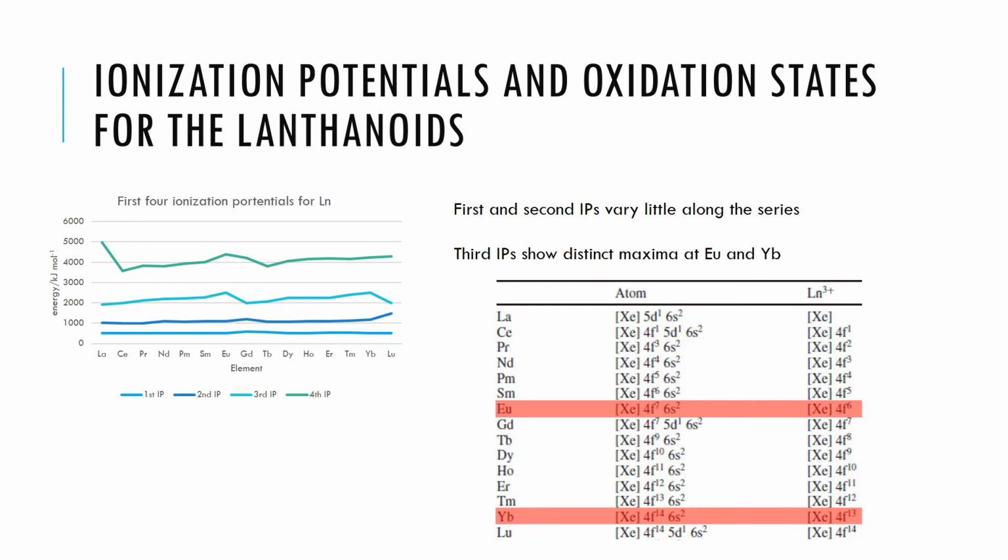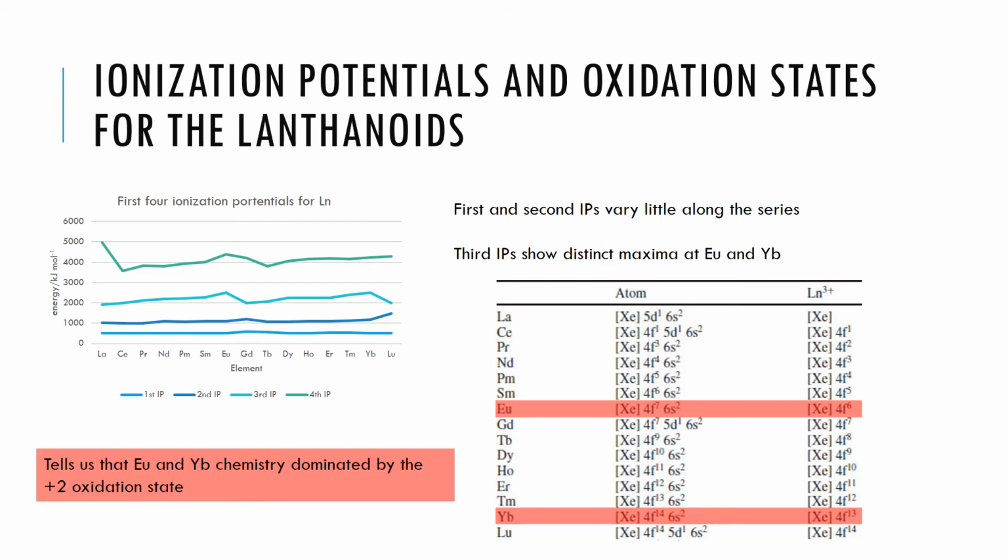If you were to remove the third electron from each of those elements, you are trying to remove an electron from a half-filled 4f shell in the case of europium and a filled 4f shell in the case of ytterbium. So it's very difficult to do, and it requires more energy than the rest of the ionization potentials in that group.